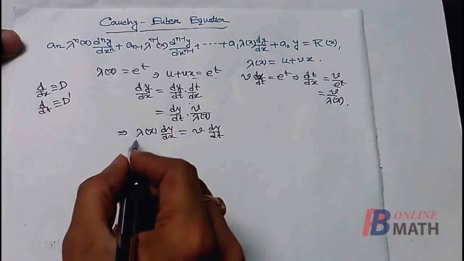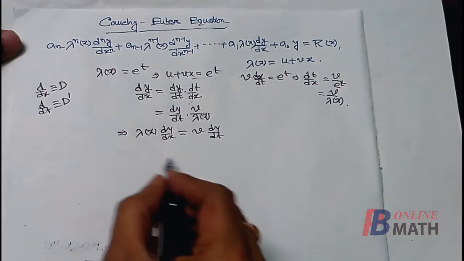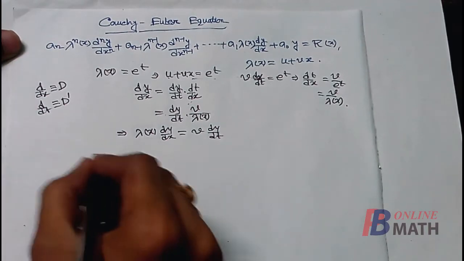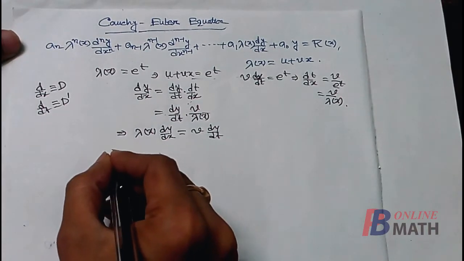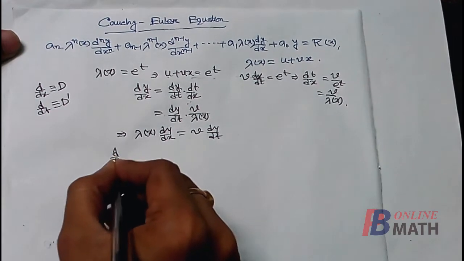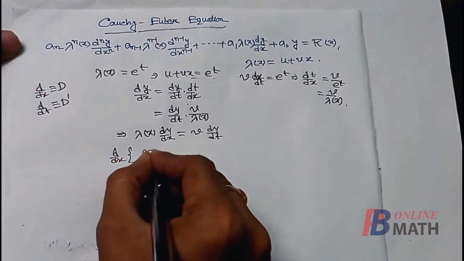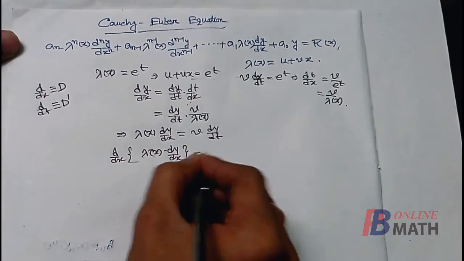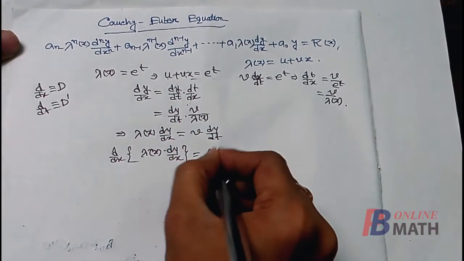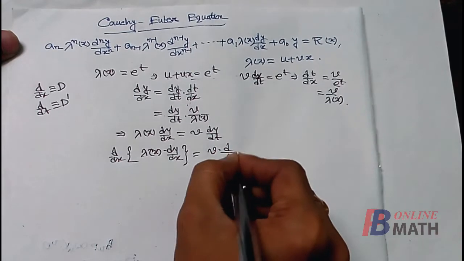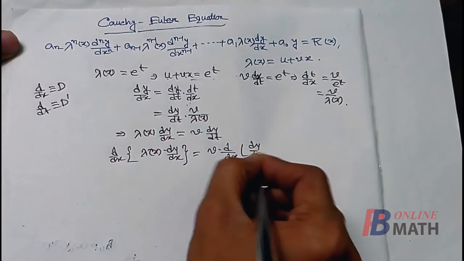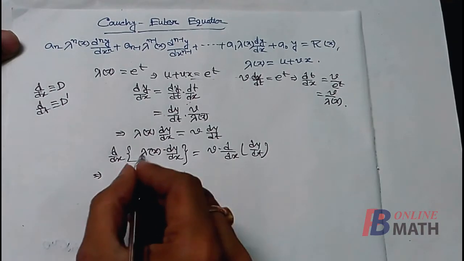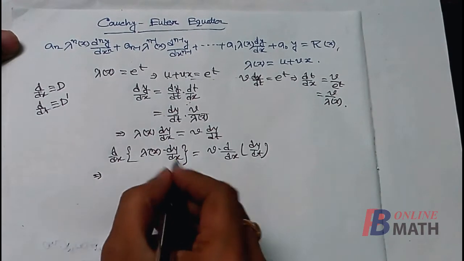Okay, we again differentiate this equation with respect to x. So if we differentiate, then we find it is d/dx of λ(x) into dy/dx, and now v is a constant, so it is v into d/dx of dy/dt. Now this is a product of two functions, λ(x) and dy/dx.